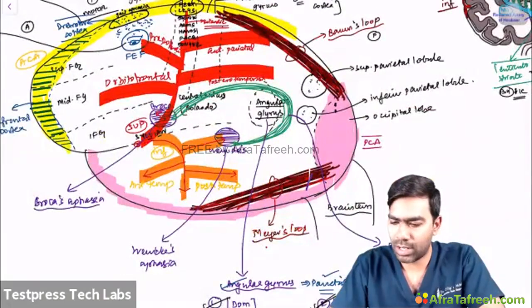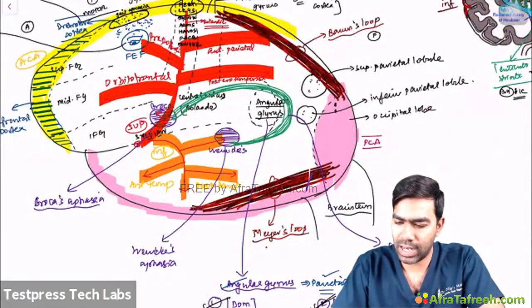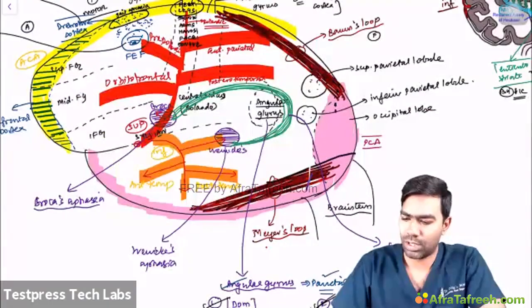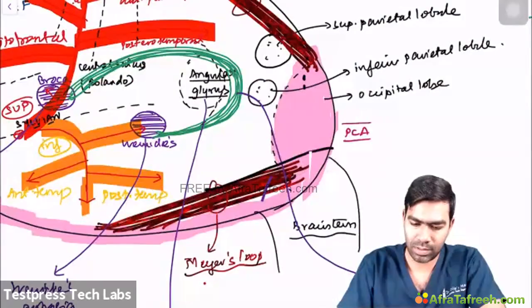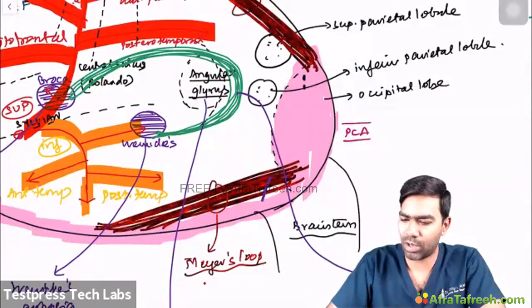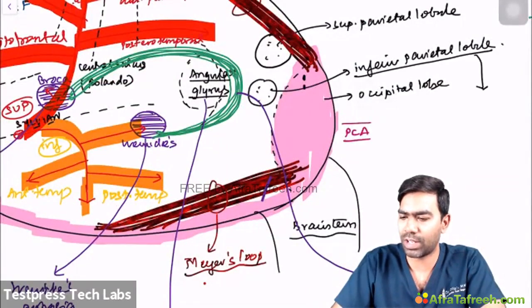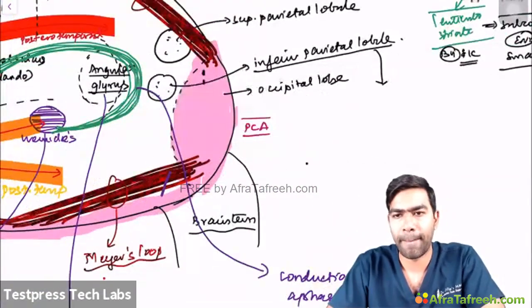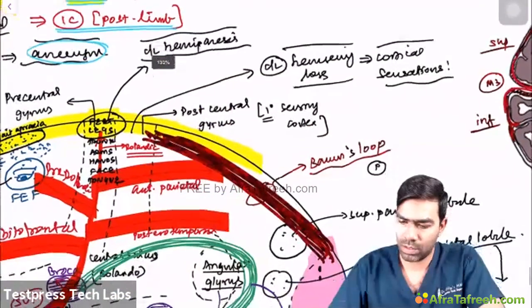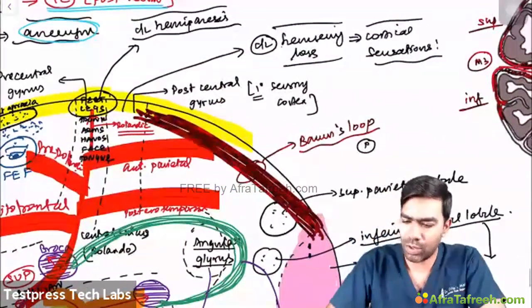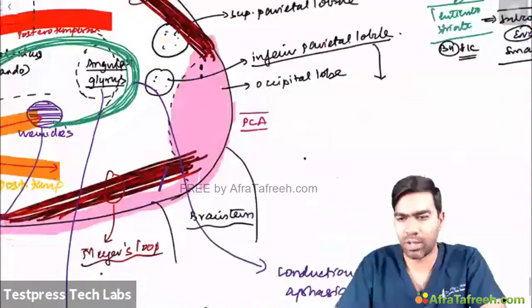Then what else is there? Suppose you get damage in the inferior parietal lobule, we have discussed already. What will be the effect of inferior parietal lobule damage? With sensory cortex damage, I told you only hemisensory loss, right? I didn't tell you hemiparesis.